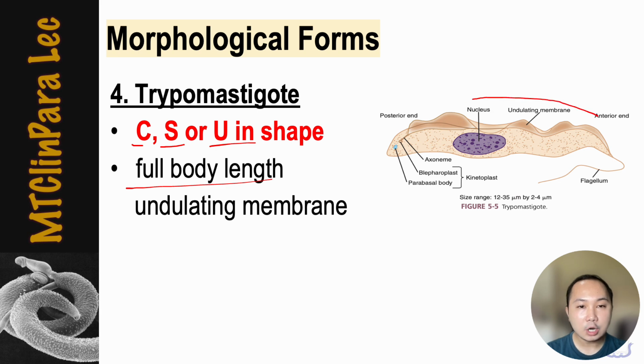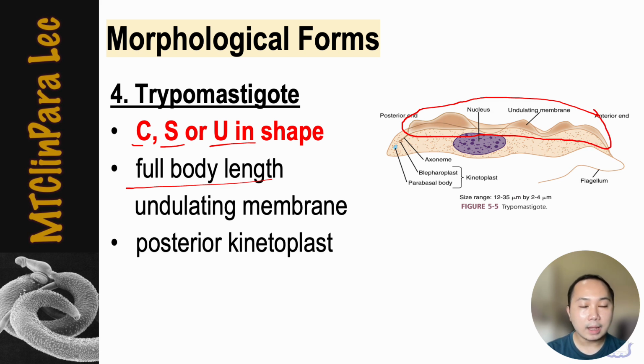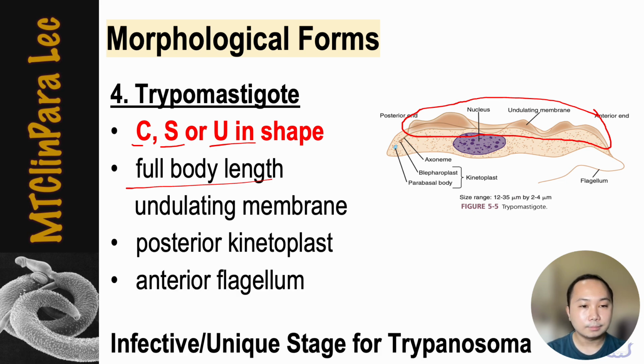As you can see here, the undulating membrane almost covers the whole body of the parasite, and it also contains a posterior kinetoplast with an anterior flagellum. Take note that the trypomastigote is the infective and also the unique stage for Trypanosoma. It is only seen in the Trypanosoma species life cycle.